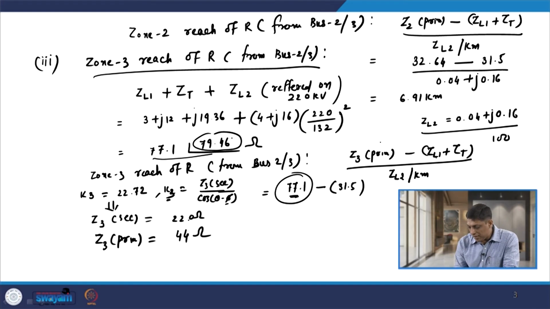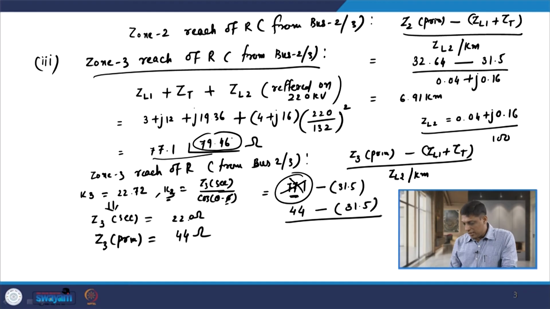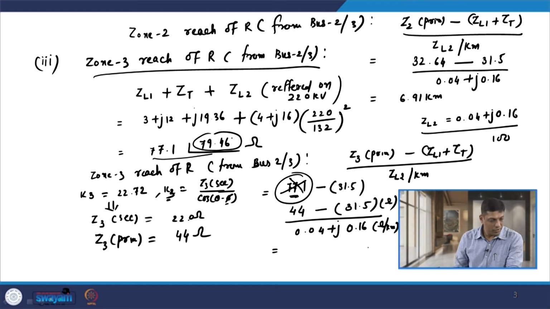So, the value of Z3 primary you need to consider is not this, but 44 ohm minus ZL1 plus ZT, that is 31.5, divided by ZL2 per kilometer, that value is 0.04 plus j0.16. This value is in ohm per kilometer, and this value is in ohm, so you will get the value in kilometers. That comes out to be 75.8 kilometers.